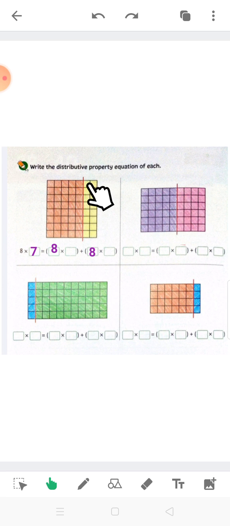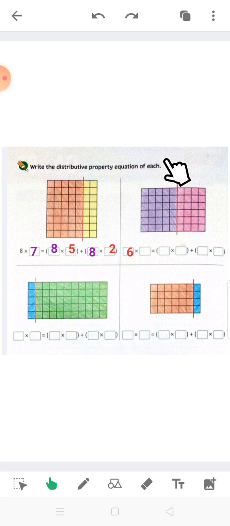Then here, how many columns do we have? I've got 2. So I will write 5 orange and 2 yellow. Okay, let's see here. How many rows? 1, 2, 3, 4, 5, 6.